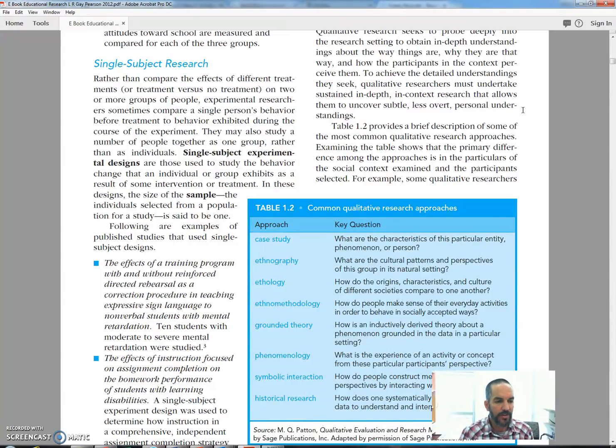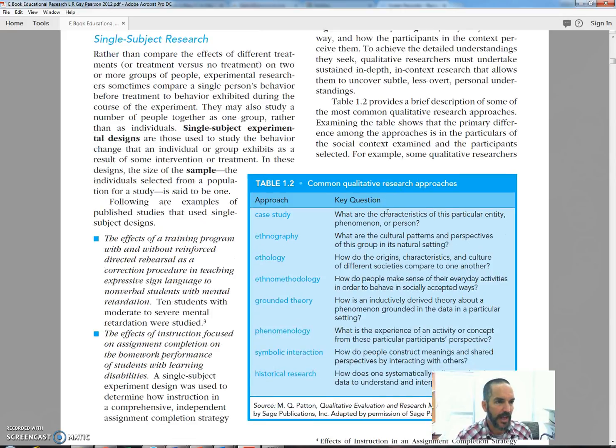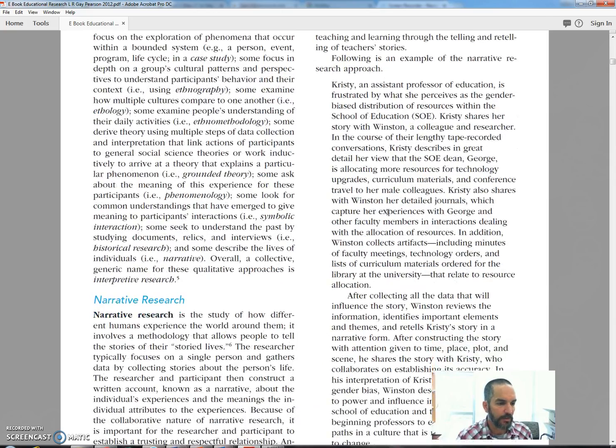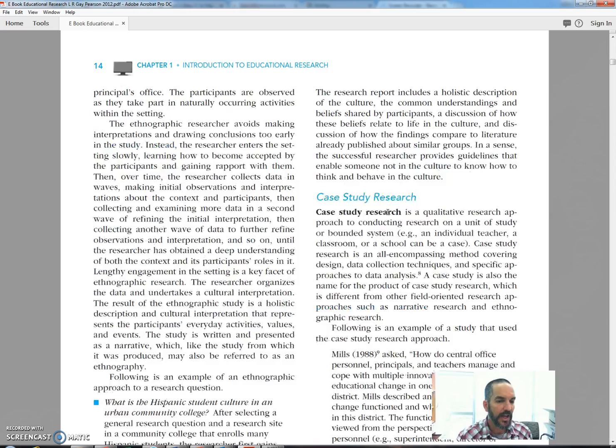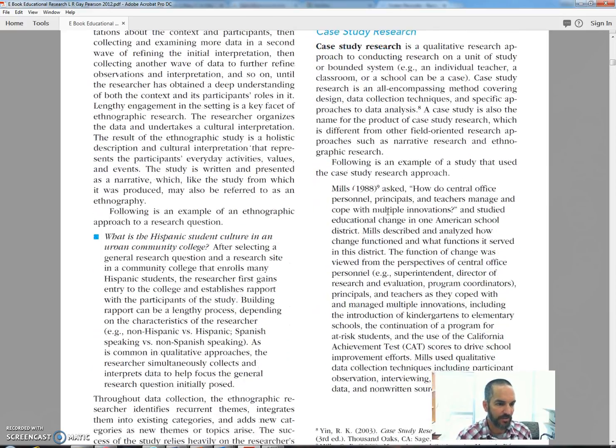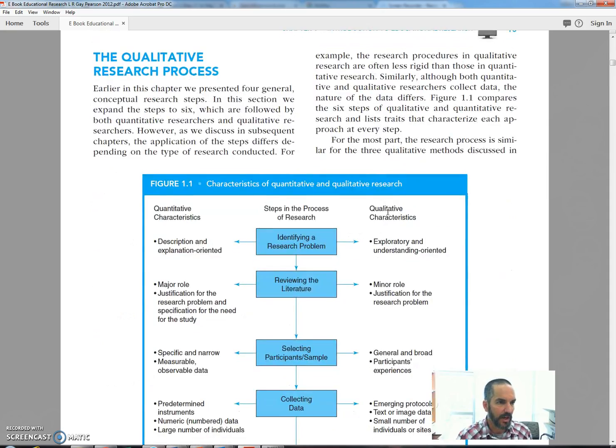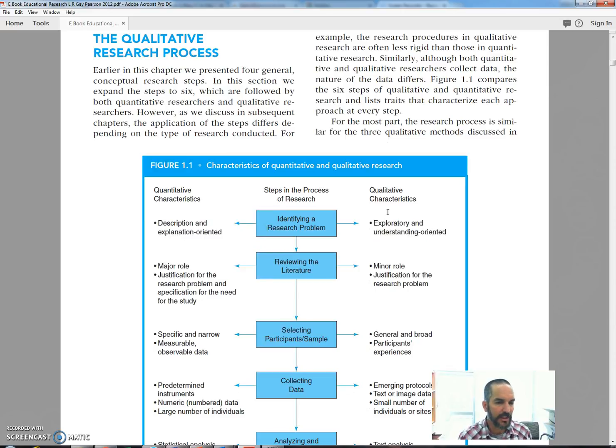So your thesis will be a blend of quantitative and qualitative approaches. Ultimately what you're really going to do is something called action research, which is research that's done in a teacher's classroom to help inform their practice.